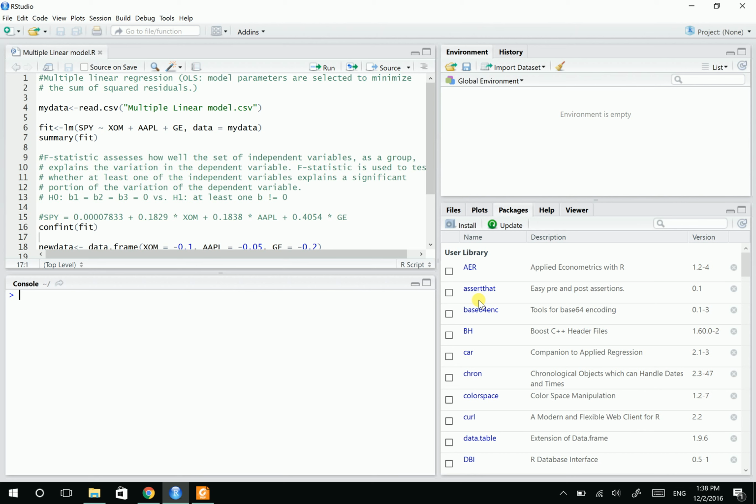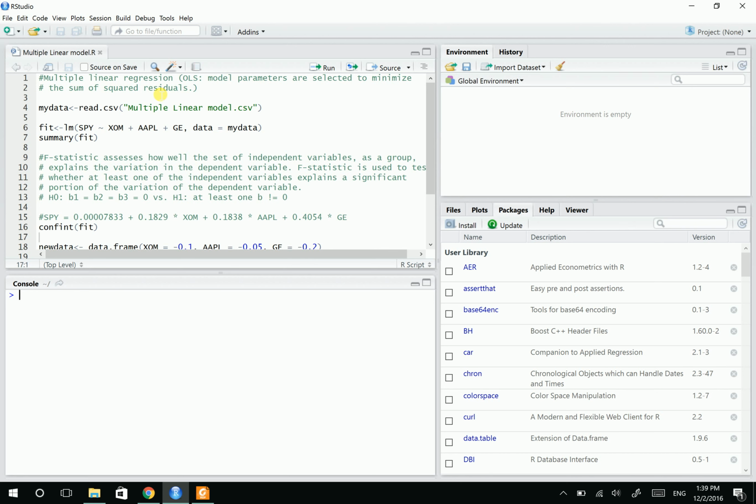Today's topic is going to be multiple linear models. So, multiple linear regression, and I hope this is going to help you with your stress testing project. Multiple linear regression is quite similar to single linear regression, but just adding more independent variables, and the method we use in this regression is still OLS.